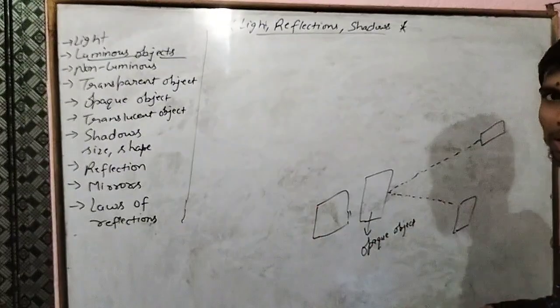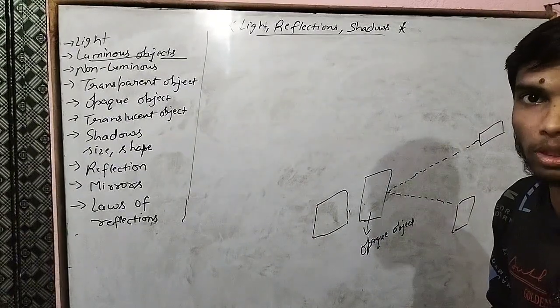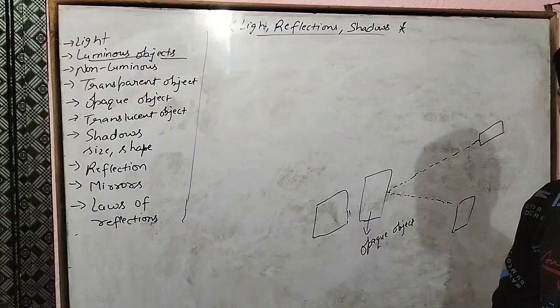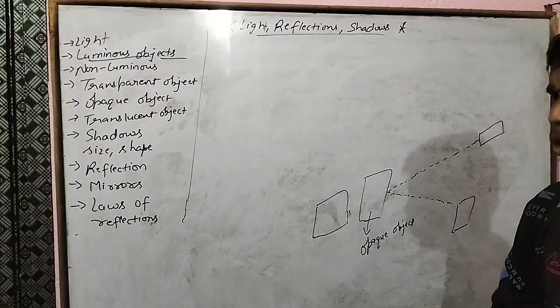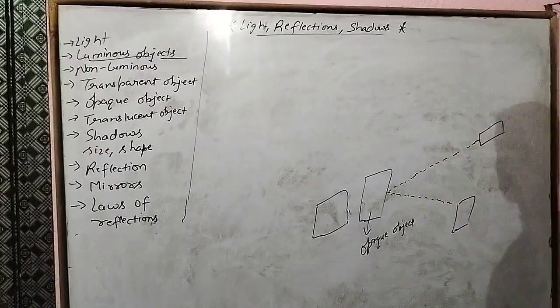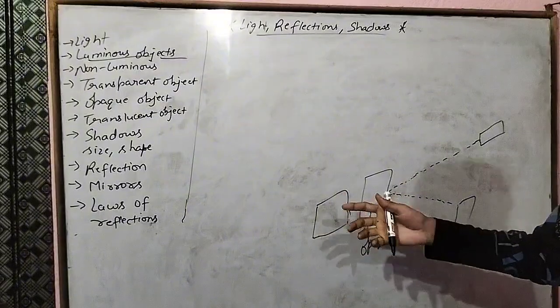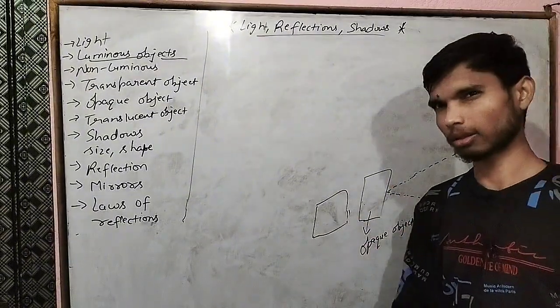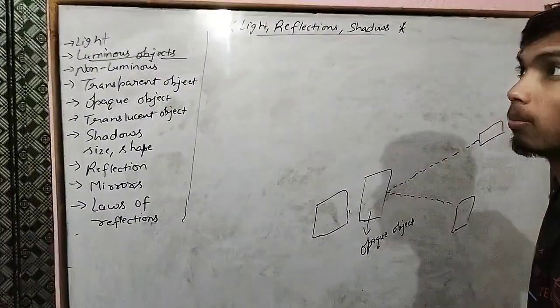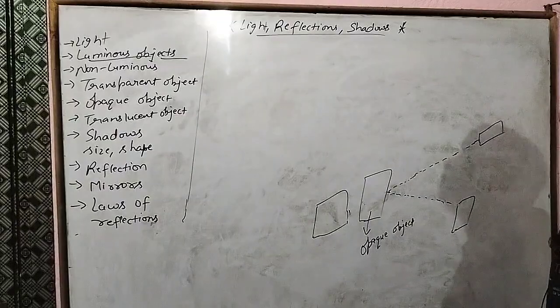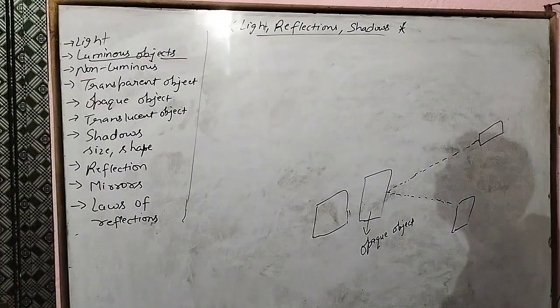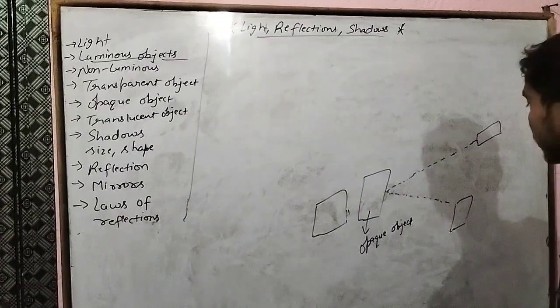So examples of transparent objects are what? Glass, window glass, door glass. And examples of translucent objects: blurred window, blurred glass window, blurred glass door. Got it?